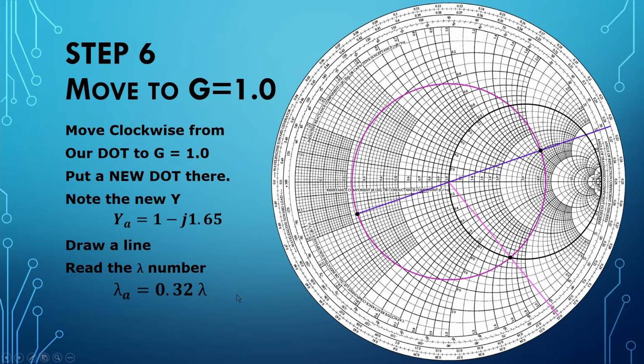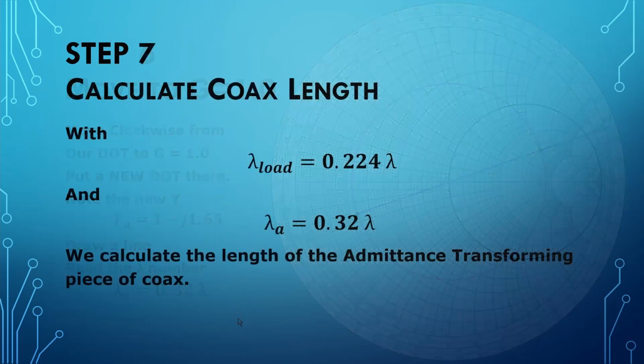Now we have to calculate the length of our admittance transforming coax. So with our lambda sub load equal to 0.224 wavelengths, and our lambda sub A equal to 0.32 wavelengths, we can calculate the length of the admittance transforming piece of coax.